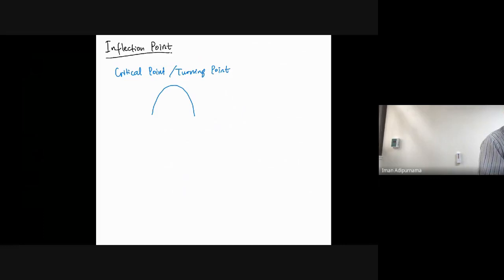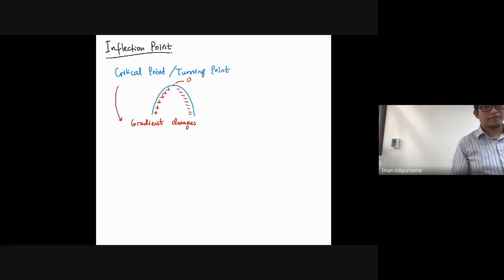Okay, turning point or critical point, this is positive gradient, and at this point here, it's 0, and then it becomes negative, negative, negative. So the gradient changes. It is the point where the gradient changes.